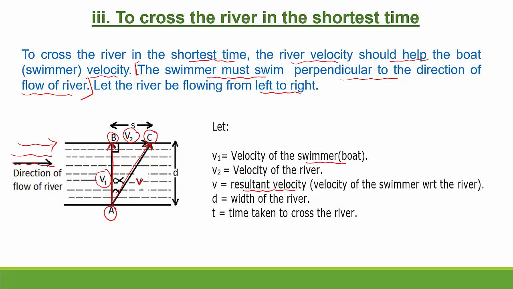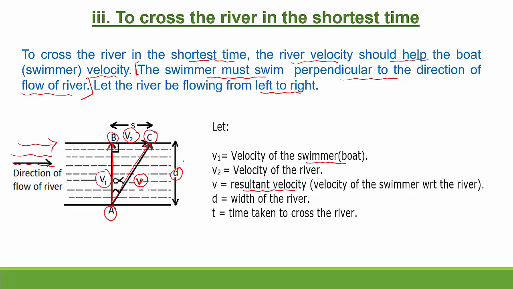This flow of river carries that swimmer to point C. In the downstream direction, he is moving. This is all because of flow of river. Actually, the swimmer is swimming perpendicularly. But because of river flow, instead of point B, he is going to reach point C. So this is the resultant velocity and it is denoted by V. Then the width of the river is D and T is the time taken to cross the river.